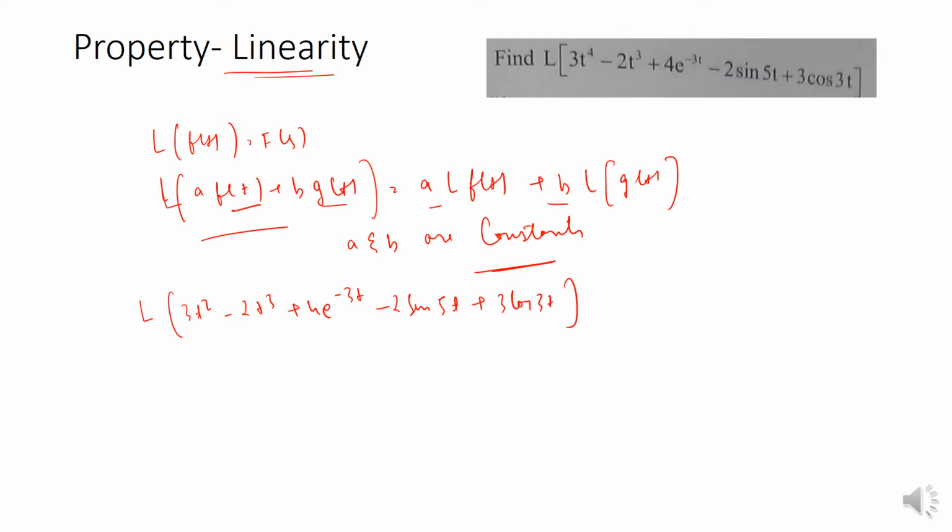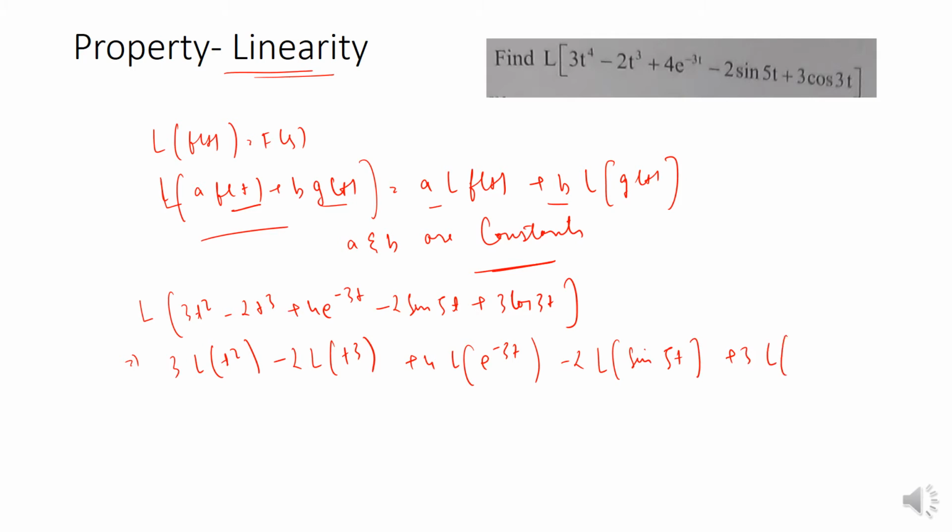This question will use all the formulas which we learned earlier. So what I can write for this, using this, is 3 into Laplace transform of t square, minus 2 into Laplace transform of t cube, plus 4 into Laplace transform of e power minus 3t, minus 2 into Laplace transform of sine 5t, plus 3 into Laplace transform of cos 3t. Very simple.